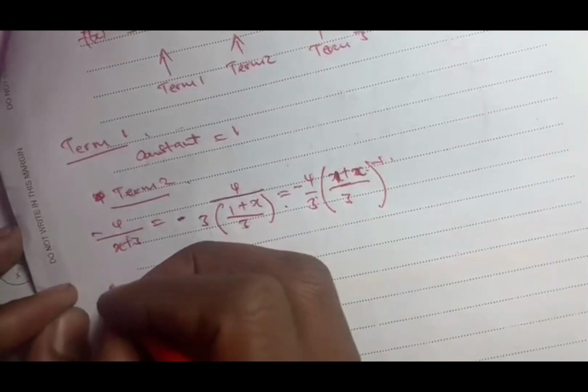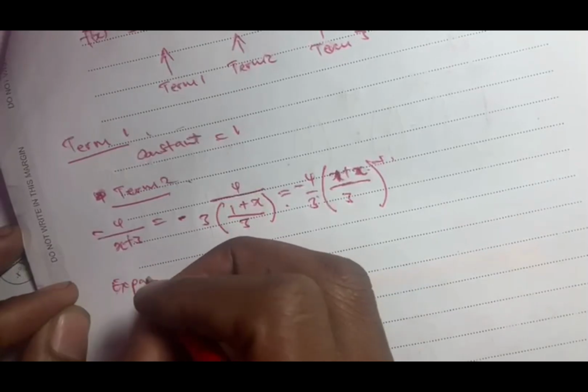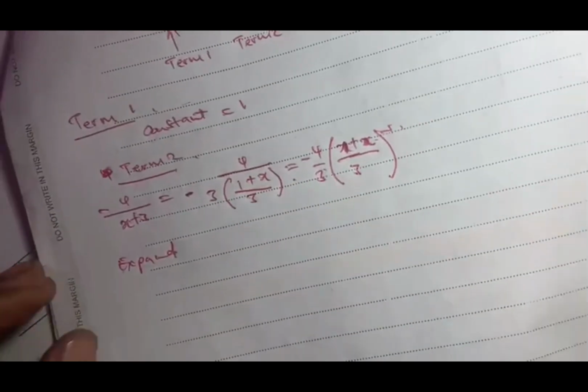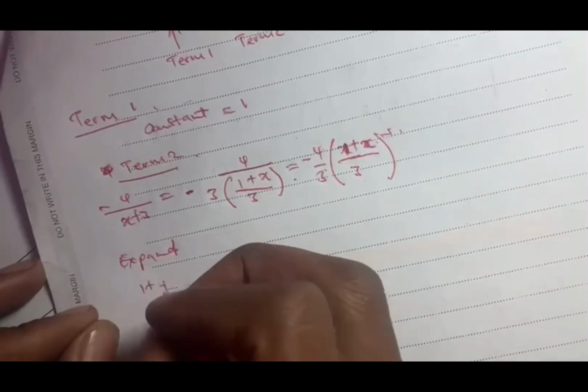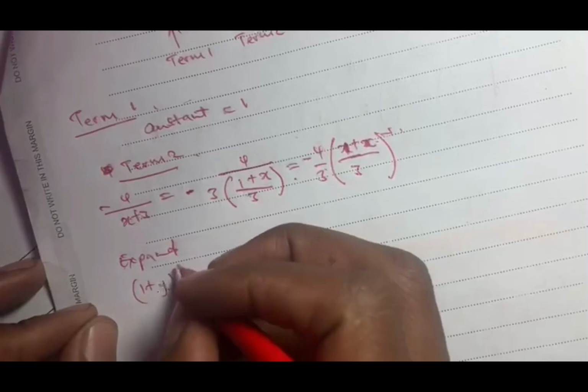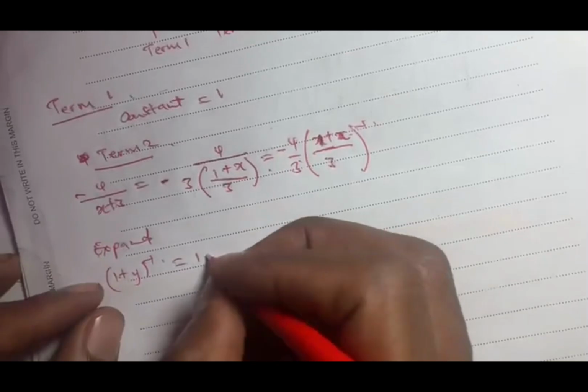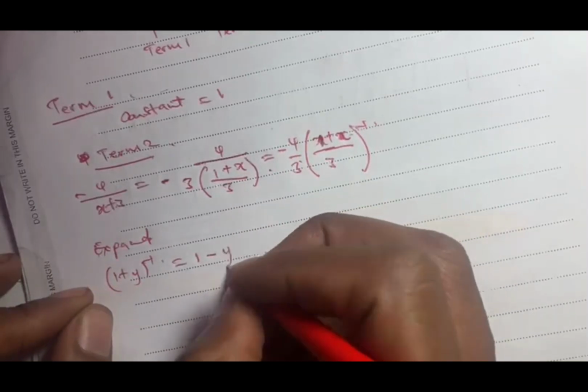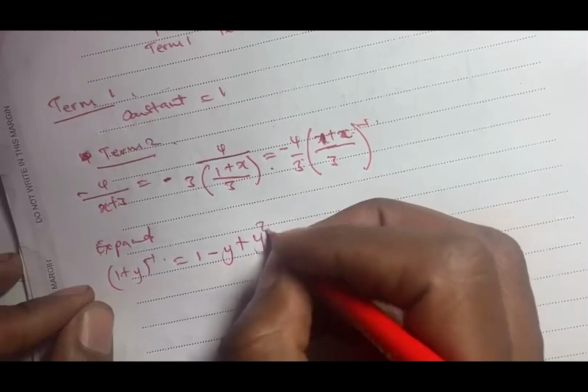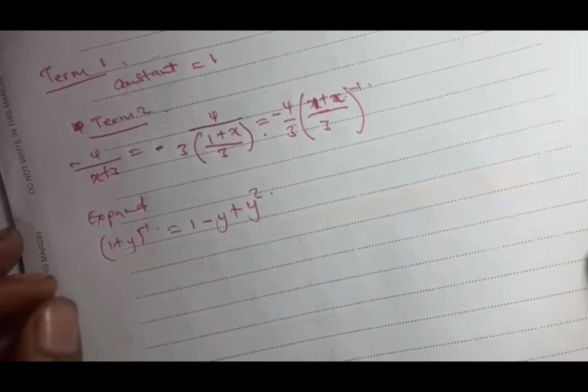So to expand 1 plus y to the power of negative 1, it will give me 1 minus y plus y squared.